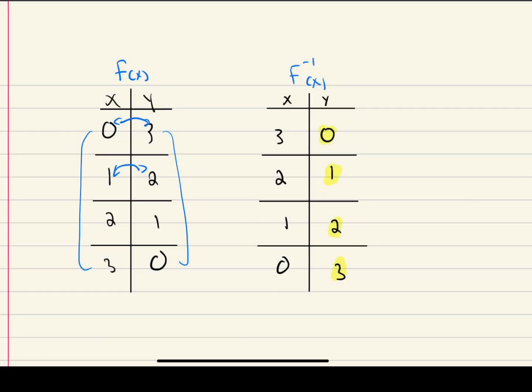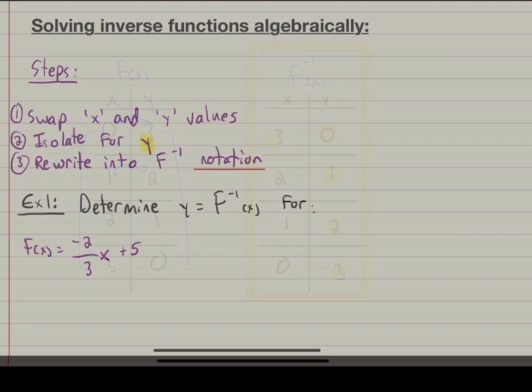The table of values for this function would just be the x's and y's switched. Where x was 0 and y was 3, now x is 3 and y is 0. And where x was 1 and y was 2, now x is 2 and y is 1. And we have the new completed table of values for our inverse function.